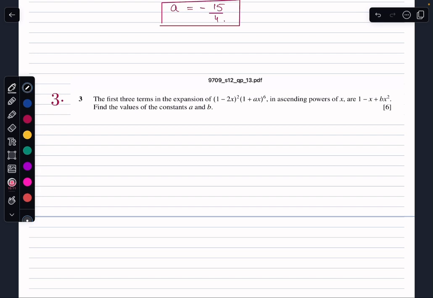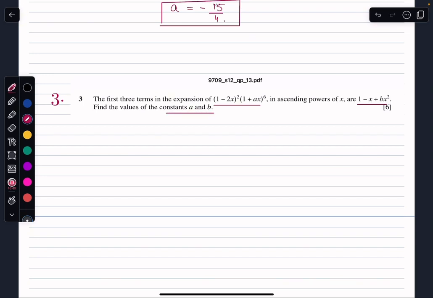Question 3 is taken from Summer 2012, paper 1, variant 3, and this question says that the first three terms in the expansion of 1 minus 2x the whole square times 1 plus ax to the power 6 in ascending powers of x are 1 minus x plus bx square, and therefore we need to find the values of the constants a and b.